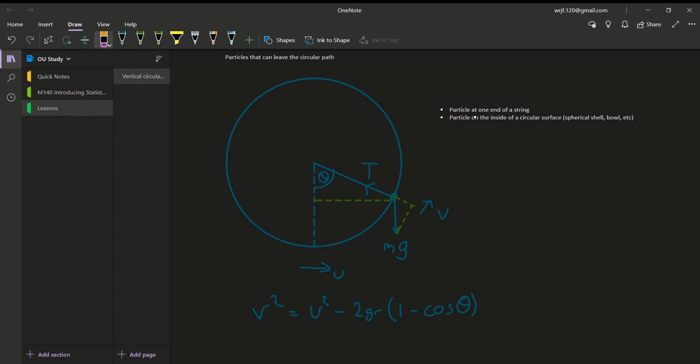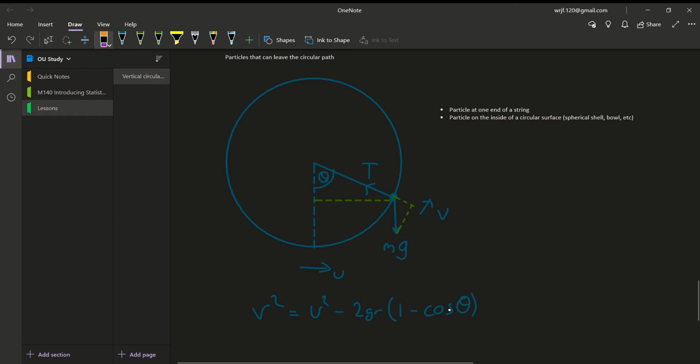Same sort of setup as we had in the previous video, though I'm assuming that the particle starts at the bottom of its circular path with a given speed u, and I want to look at the different cases of what can happen for different sizes of that initial speed.